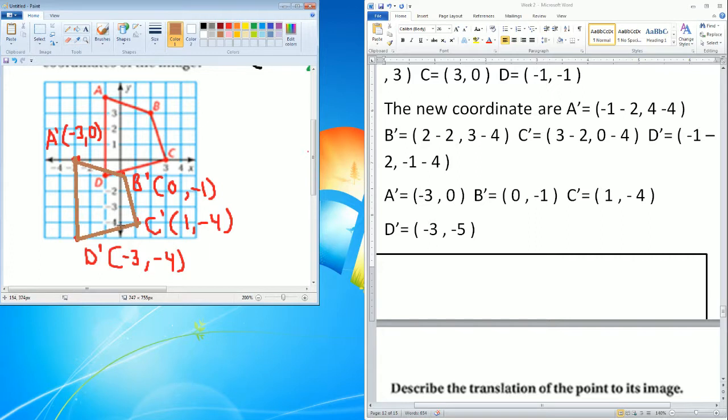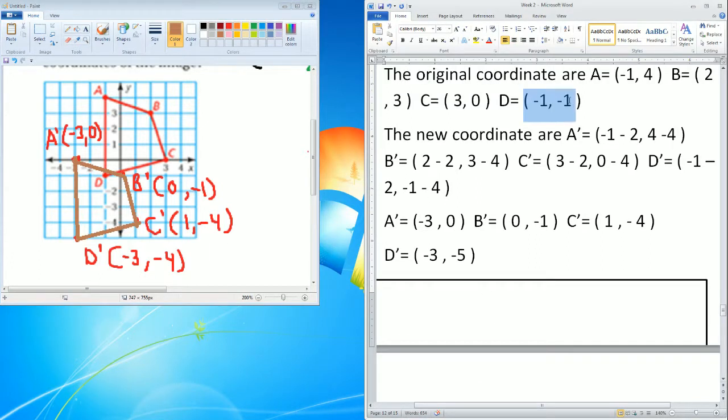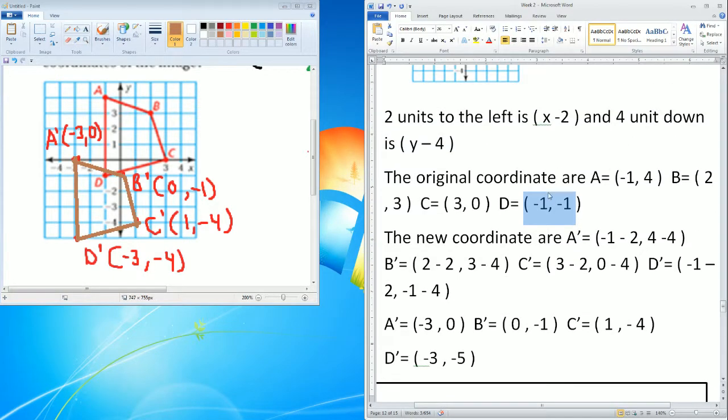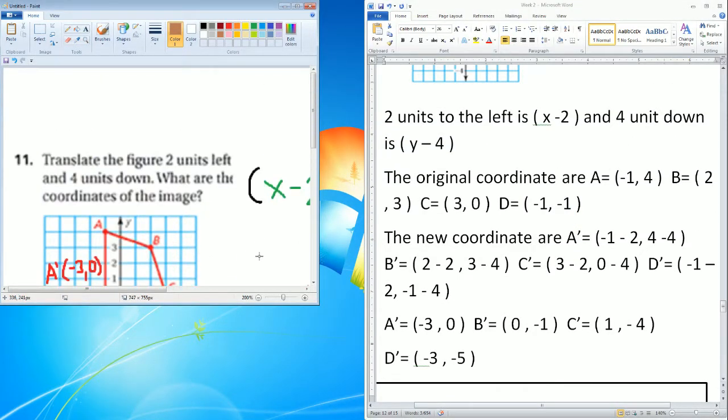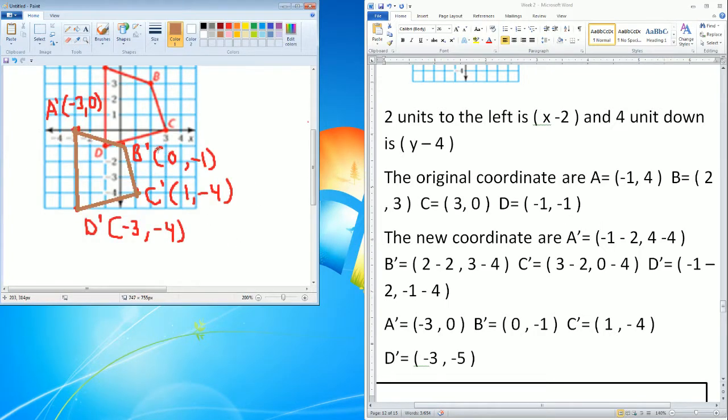Let's double check this. This is 4. Let's see if I could do the math real quick right here. 4 down. So what was the original value for D, -1? So it's 4 down. Oh yeah, this is right. This should be 5.